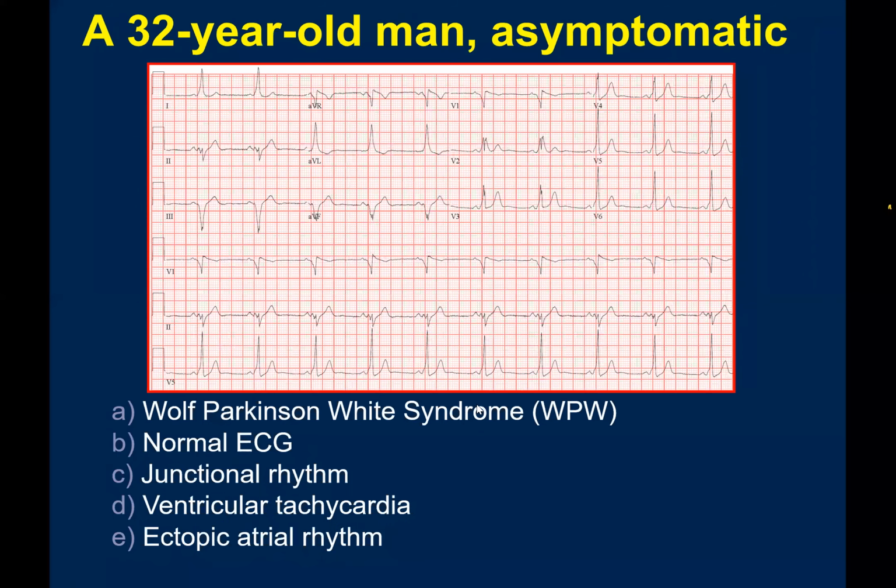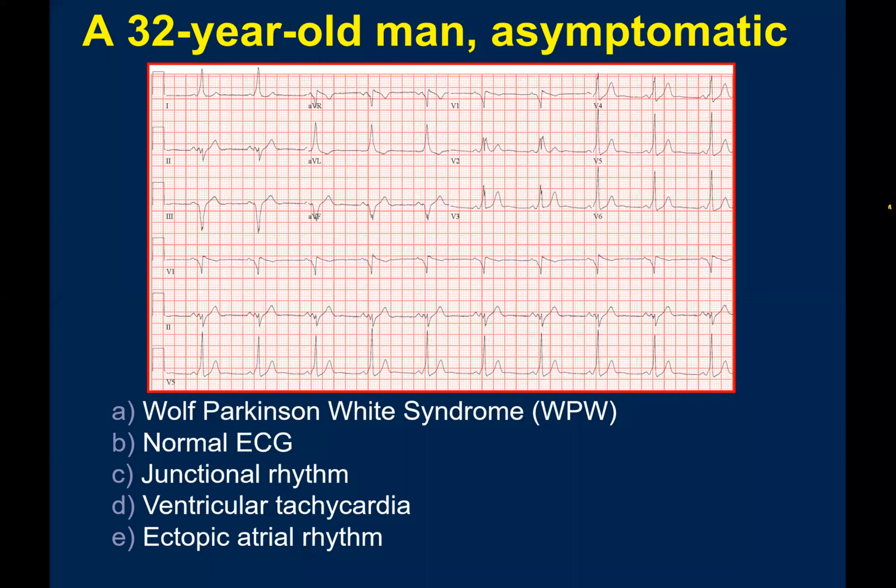Moving from tachycardia to another condition, which may also cause tachycardia, but the baseline ECG is diagnostic. So this is a 32-year-old gentleman who is asymptomatic, but this is his ECG. What do you think of the ECG? What diagnosis did he have? Looks like WPW.